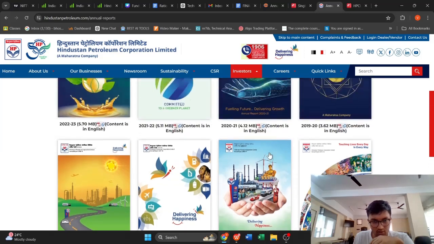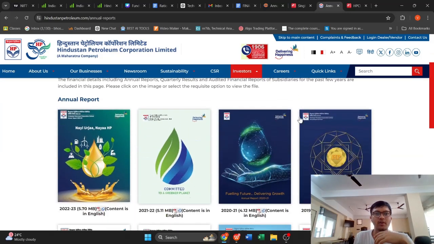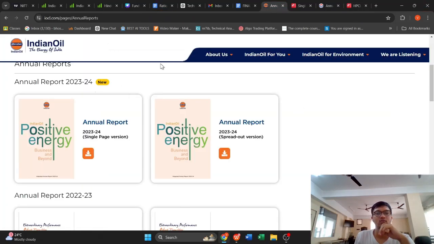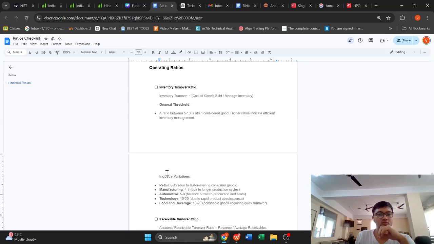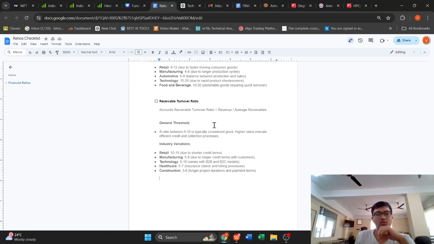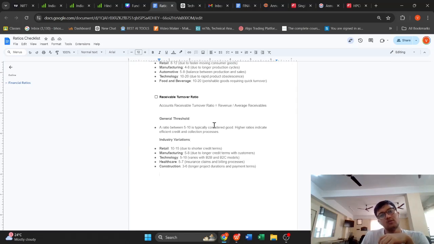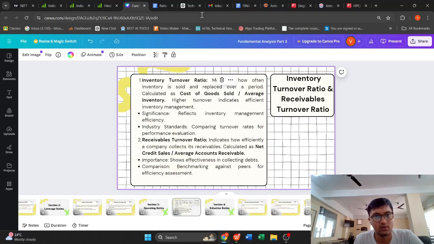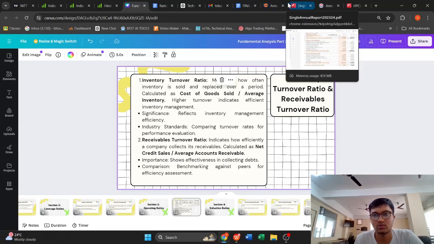I think it'll be coming. The financial year for HPCL can be different from IOCL. So here you can see our ratio was revenue, net credit sales.